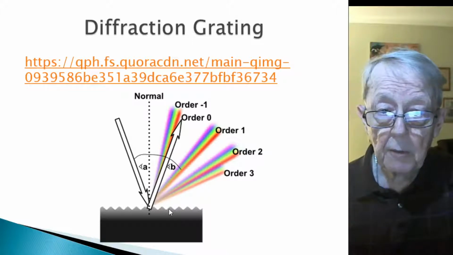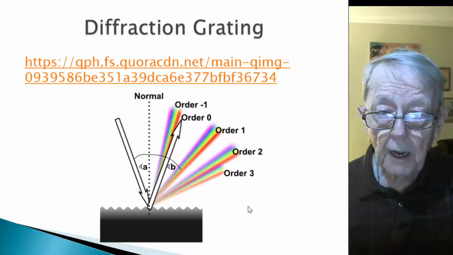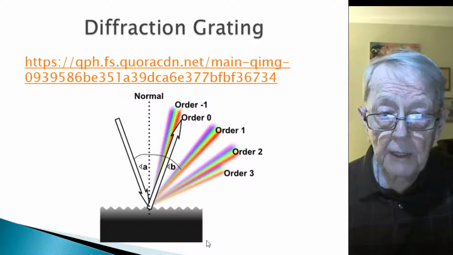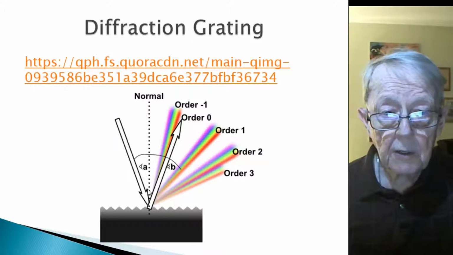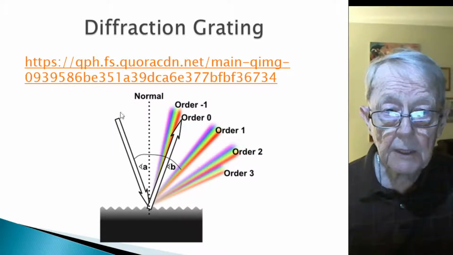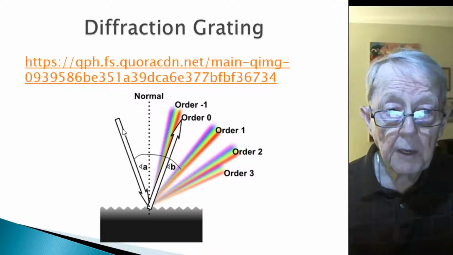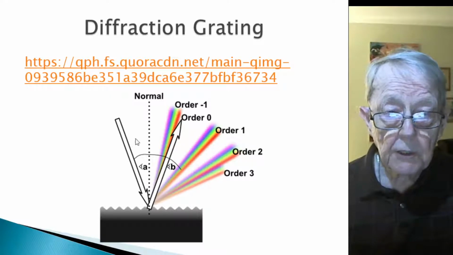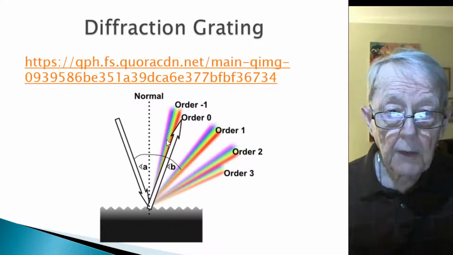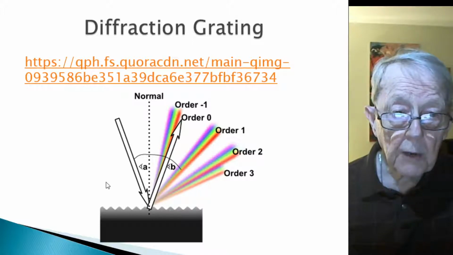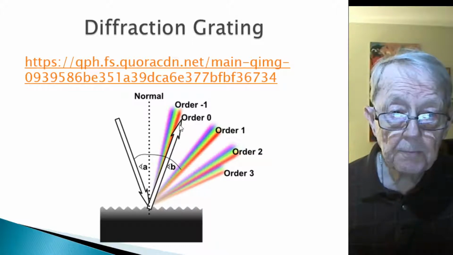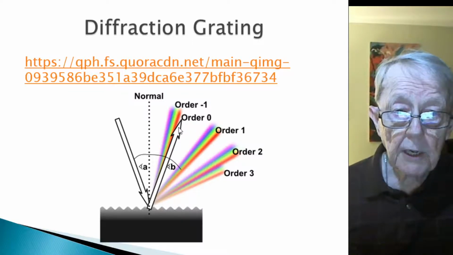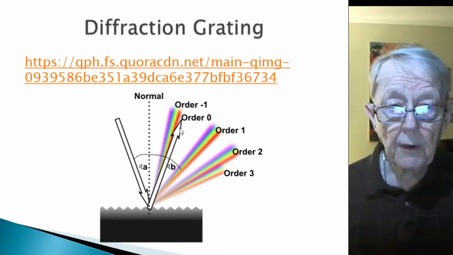Diffraction is often made with clear glass and lines drawn on the glass and light shining through it. In this case, it's a lot more mechanical, and the light coming in is white light, and the white light has a normal angle of incidence, angle of reflection, and you'll see white there.